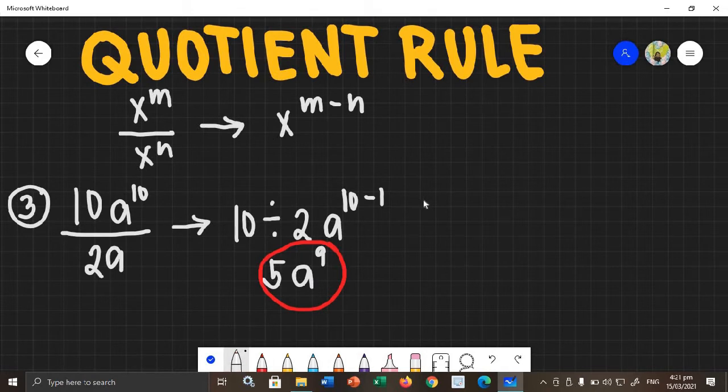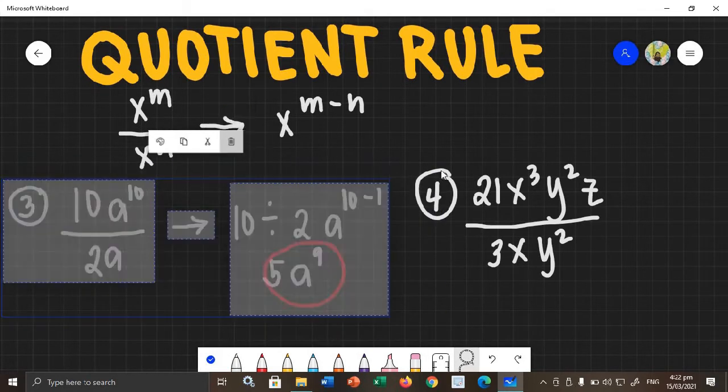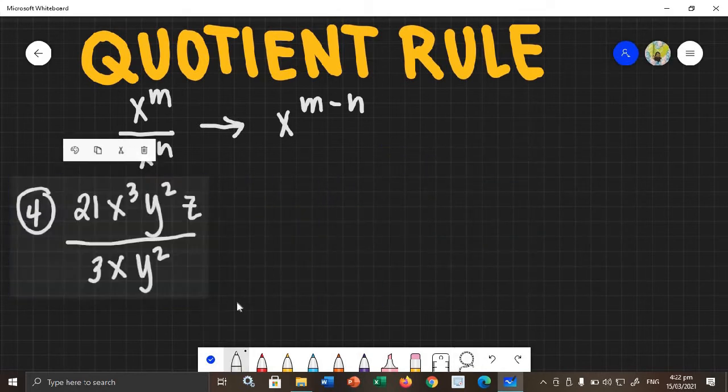Okay? And then, how about another example? Let's say we have 21x cubed y squared z all over 3xy squared.